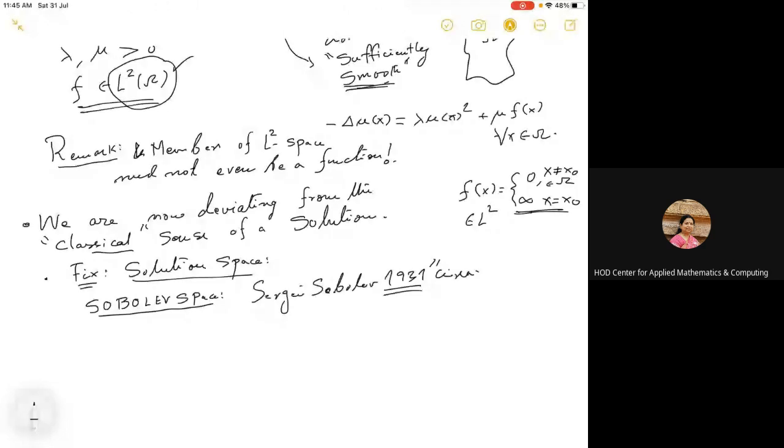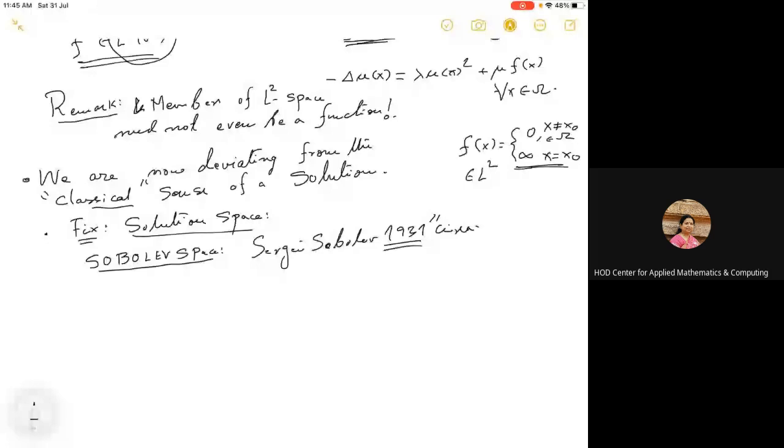Sergei Sobolev was basically a physicist. And this was the era when the notions of functional analysis were still under construction, and we still did not have the notion of completeness at the disposal of mathematicians, let alone the physicists.